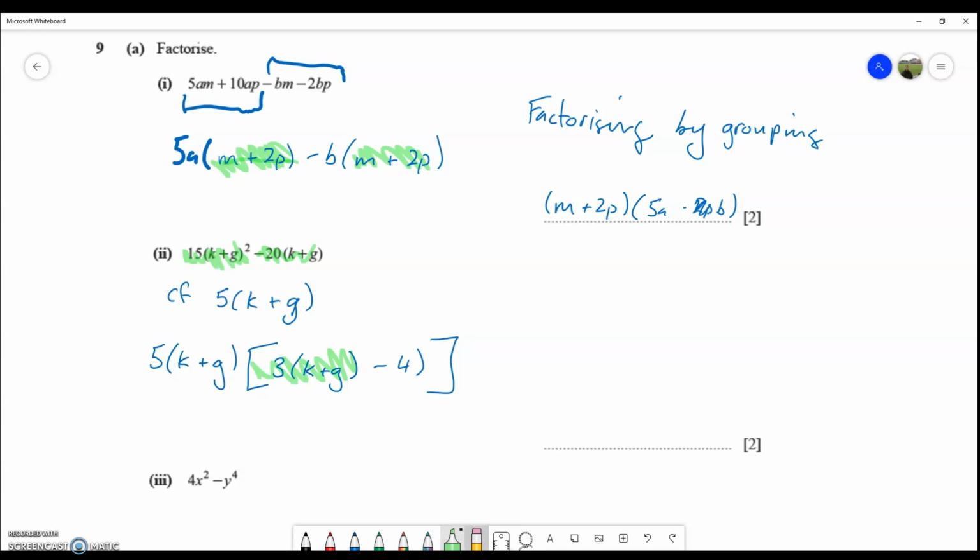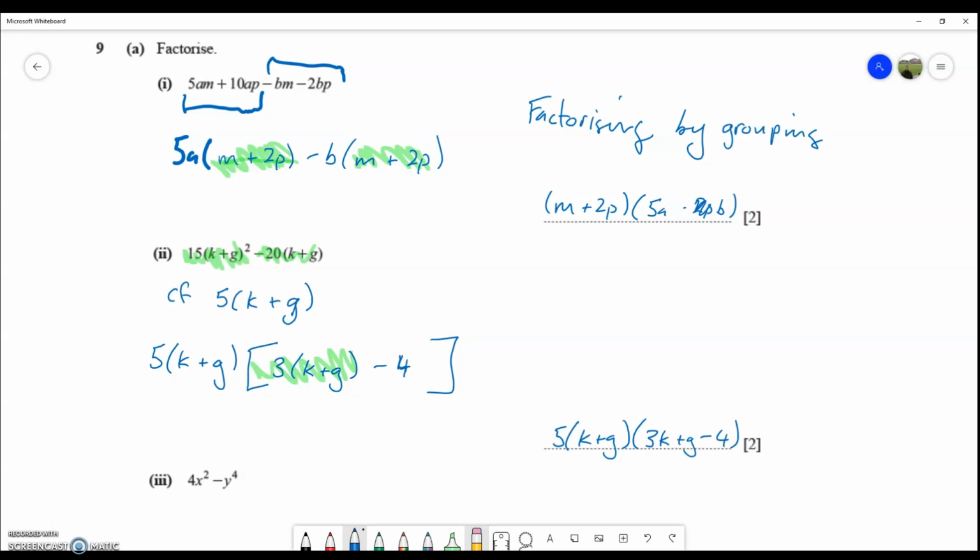Oh, I shouldn't have put that bit there. That should be 4. So we can expand that part to end up with a nice second bracket with 3 terms. So we end up with 5 bracket k plus g, then we end up with another bracket, 3k plus g minus 4.